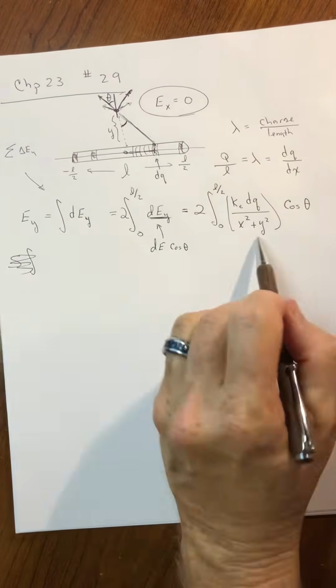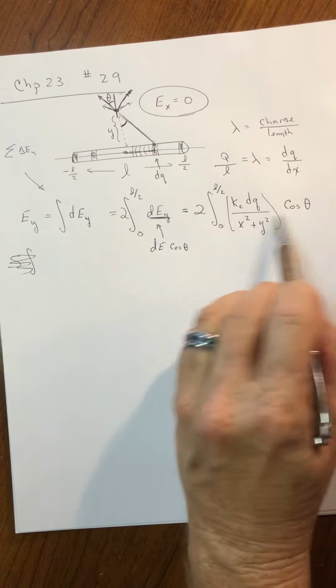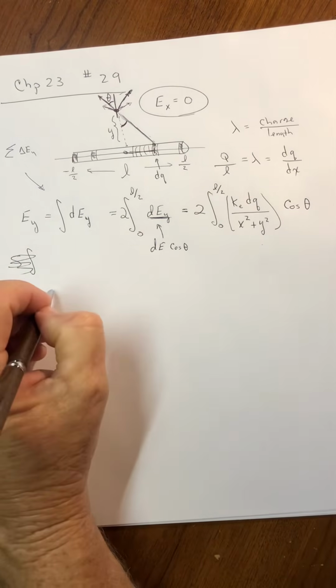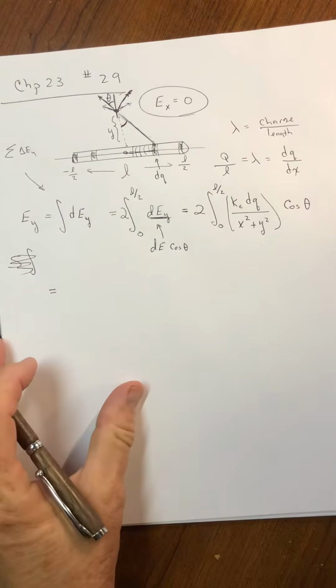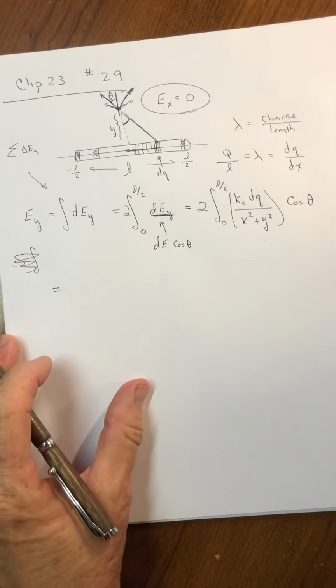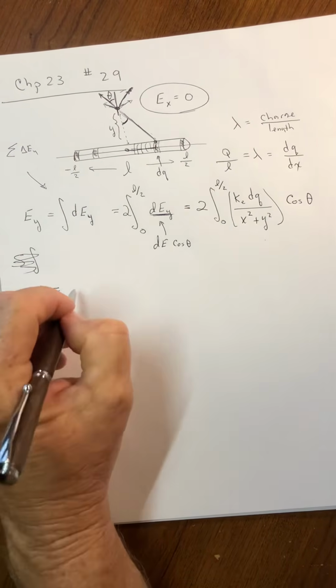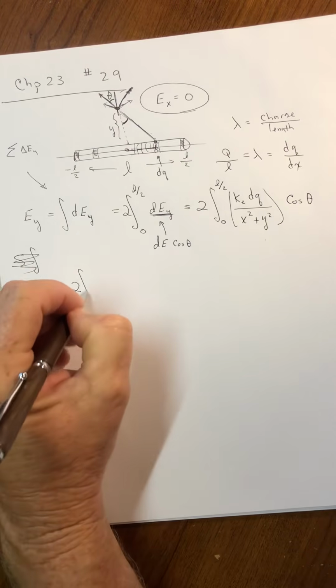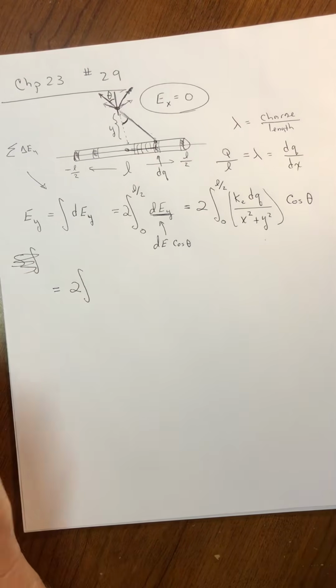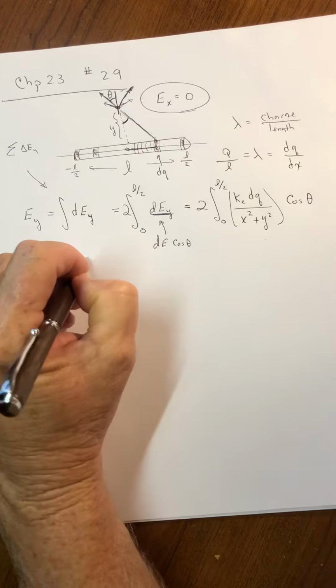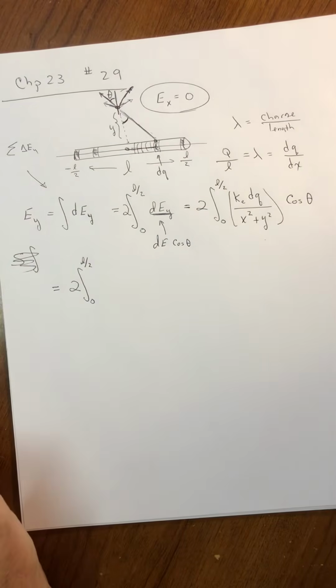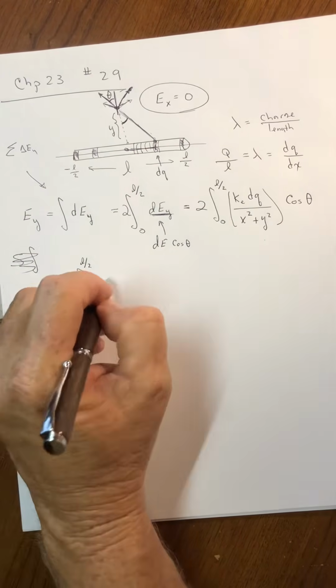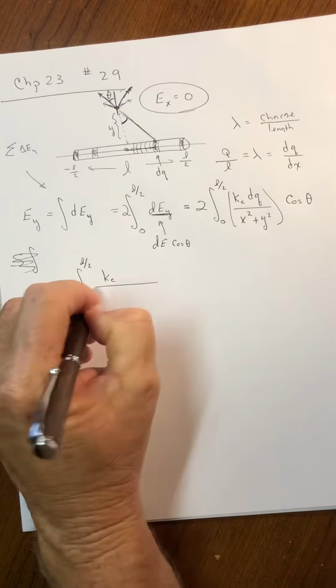Okay, so there's the magnitude, and then there's cosine theta. Okay, well, continuing here. Here's the 2. Here's my integral, 0 to L over 2. And I've got the Coulomb's constant.